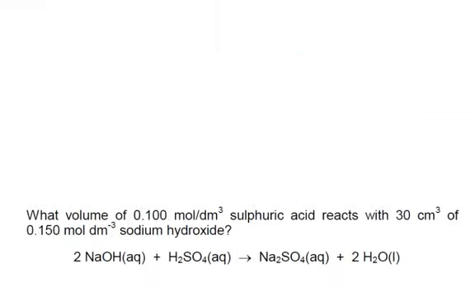Okay, next up, what volume of 0.1 moles per decimeter cubed of sulfuric acid reacts with 30 centimeters cubed of 0.15 moles per decimeter cubed sodium hydroxide? So we're given a volume, but it's in centimeters cubed, so 30 divided by 1,000 gives us 0.03 decimeters cubed.